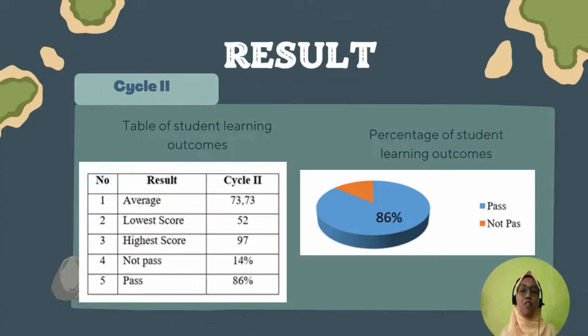After I did my first research cycle in last October and early November 2020, I did my second cycle. There are 3 meetings I did, on 20th October, 3rd and 6th November 2020.